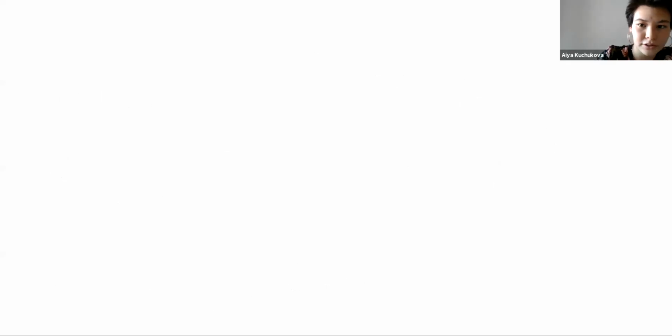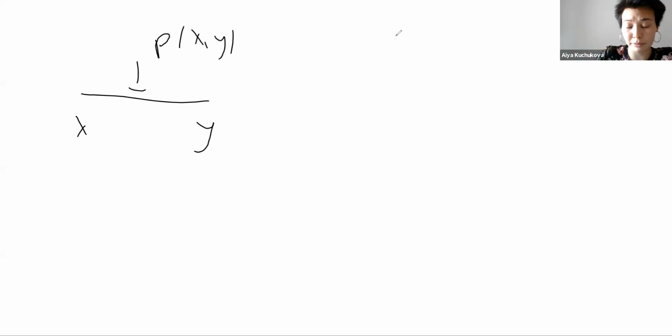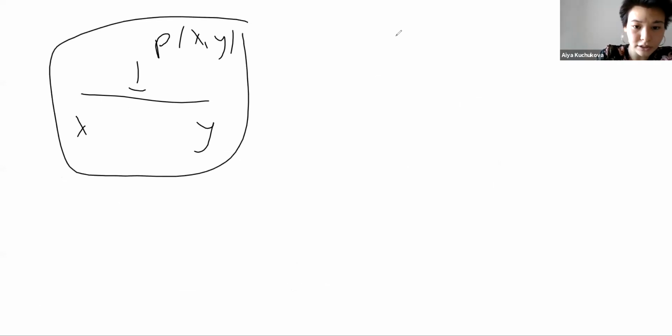Okay, sure. Basically we have x and y, and we have some distance between them, and then we scale it. So we scale everything by square root of n and get a larger distance.